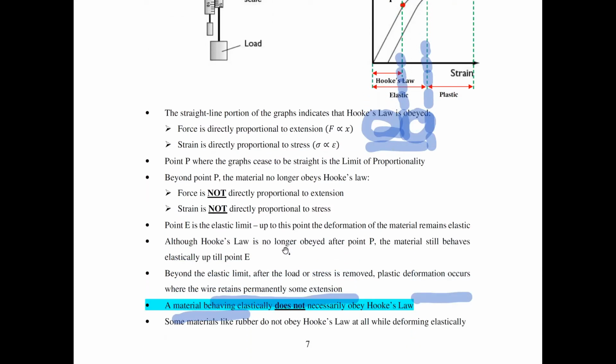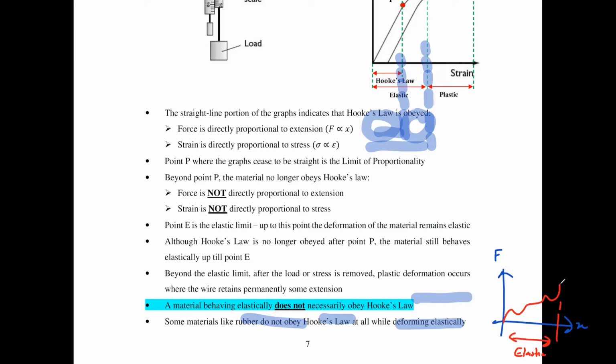A good example I can give you is rubber. Okay, materials like rubber do not obey Hooke's law, but they deform elastically. The force extension graph for rubber looks like this. It's a curve. All right. It's not a straight line. You won't get a straight line. You will get a curve. But this one is still elastic.